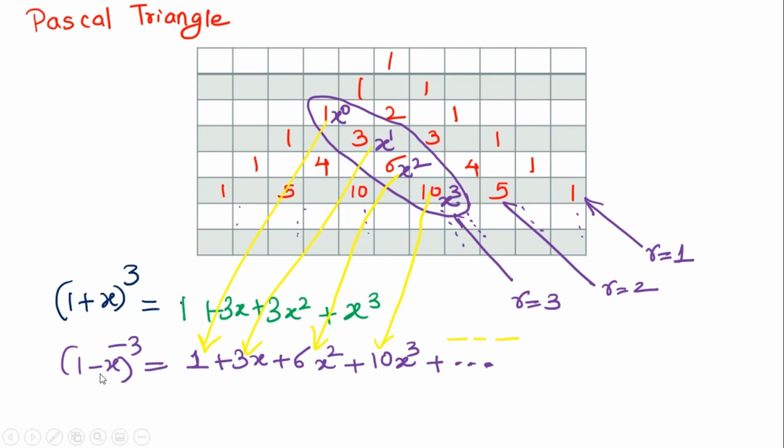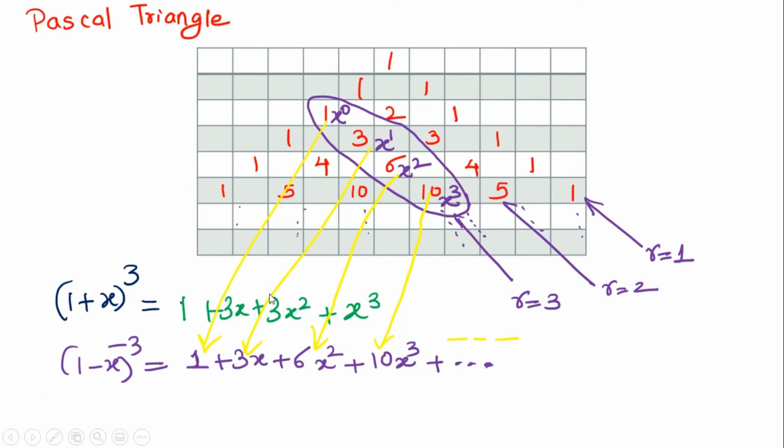Now if I am having the question (1 plus x) to the power minus 3, in the negative power where you are performing addition inside your brackets, in that case you will have a negative sign for all the coefficients of x where x is odd. So I will be having the equation as 1 minus 3x plus 6x square minus 10x cube and so on.